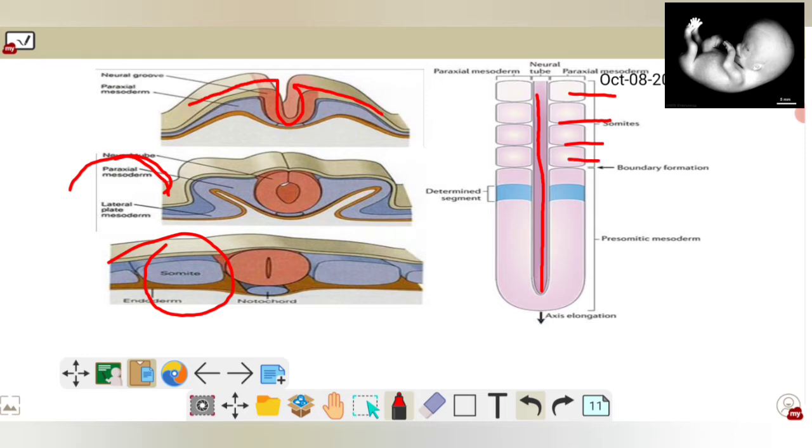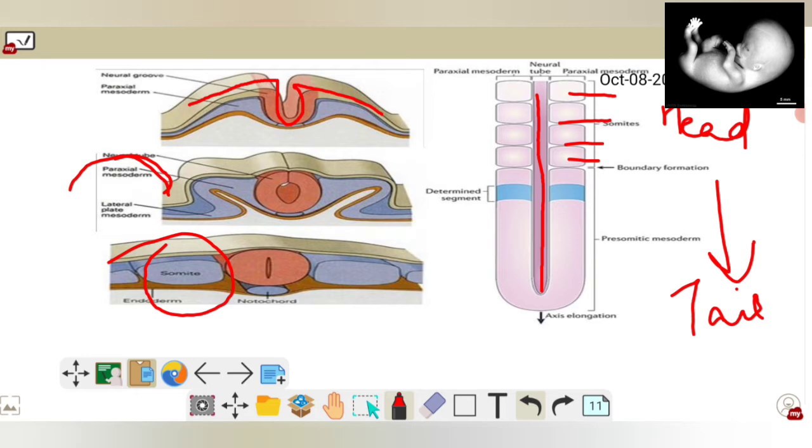These somites form from head to tail, that is, in the cephalocaudal direction, because they are formed in a craniocaudal sequence with a specified periodicity.